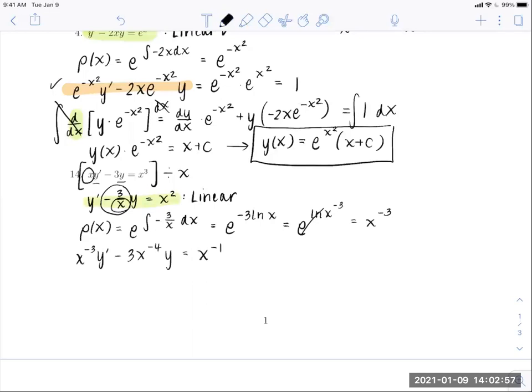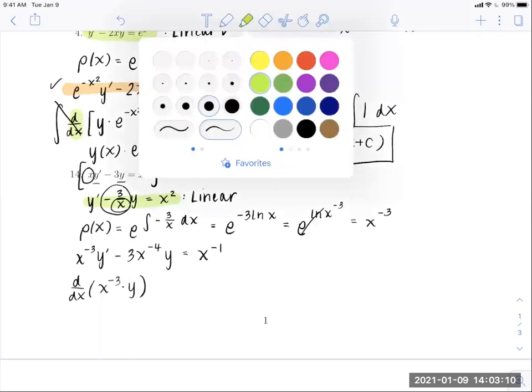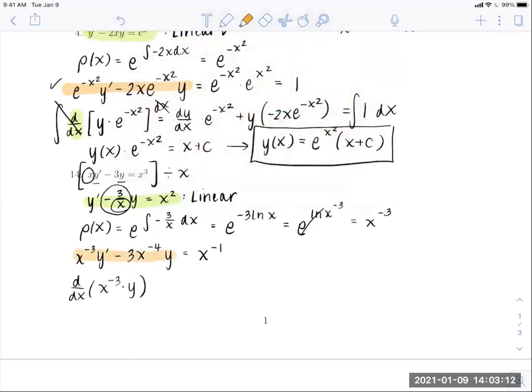All right, so here's where I like to check. We should have that the derivative of our integrating factor, x to the negative 3, times y, should be equal to what I have just highlighted in orange. So let's just take 30 seconds and double check to make sure that that is true.